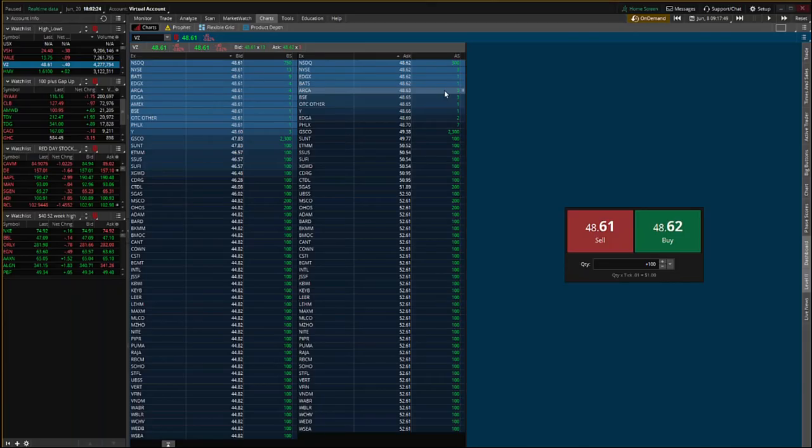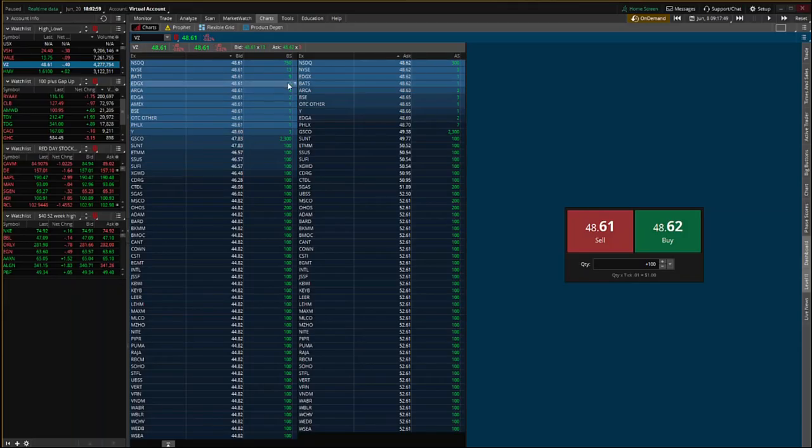Now, with that being said, sometimes these market makers, all these people right here, will flash a number, and that could be to either shake you out of your trade or to make you buy. Let's just say somebody flashes a massive number right here, we'll say at 48.60. It's just a massive number.